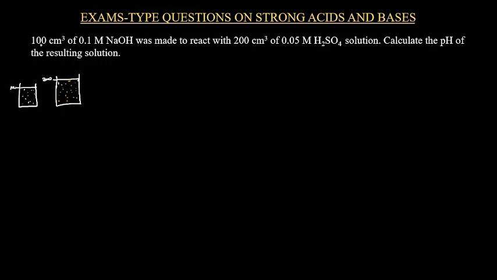Now, they are telling us that these two solutions were made to react. That means they've been combined. So what happens? Remember, this is sodium hydroxide and this is sulfuric acid, H2SO4. They combine these two solutions and the resulting solution is going to be a mixture of the two, so this is going to be 300 cm cube.